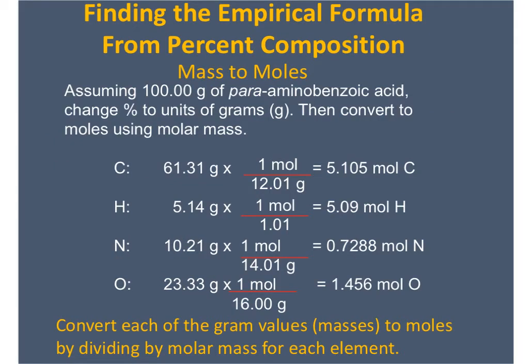Easy peasy. Step 2, mass to moles. In other words, you need to calculate the moles of each. This is the same principle we've seen a lot: in chemistry, you really cannot compare one substance to another, be they elements or compounds, unless everything's in moles. It's like trying to compare apples to oranges, as the saying goes. You have to get them all into moles before you can compare the quantity you have of each. So how do we get from mass to moles?